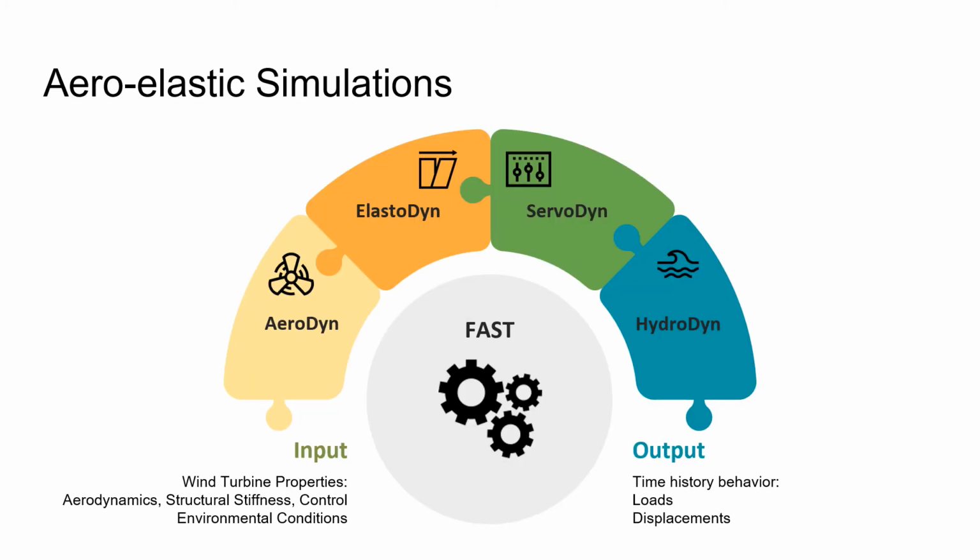After defining the environmental conditions in both cases, aero-elastic simulations are performed using FAST. This framework couples aerodynamics, elasticity, control, and hydrodynamic effects with different modules used to calculate the dynamic response of the wind turbine.